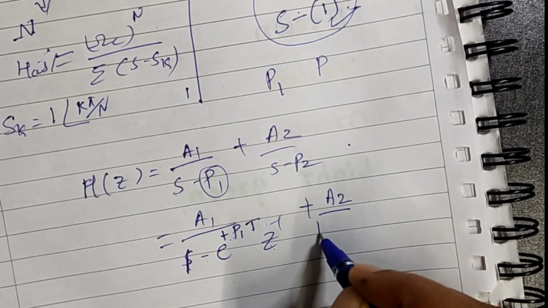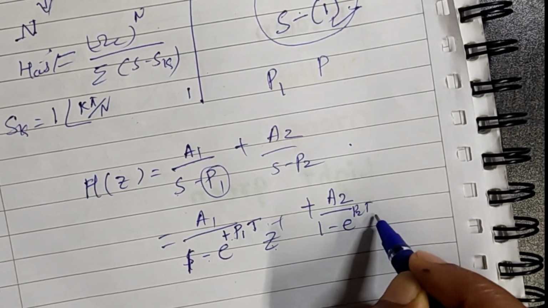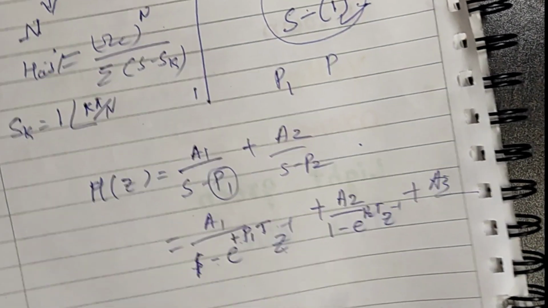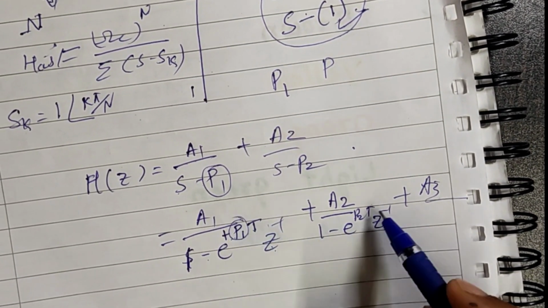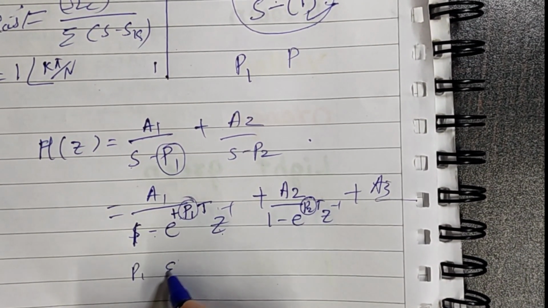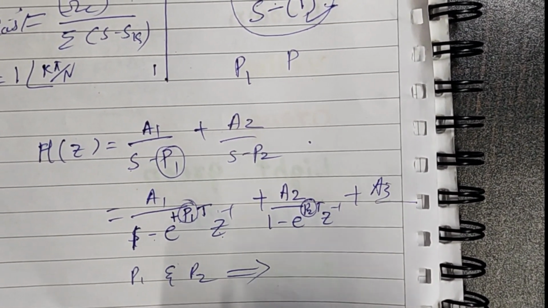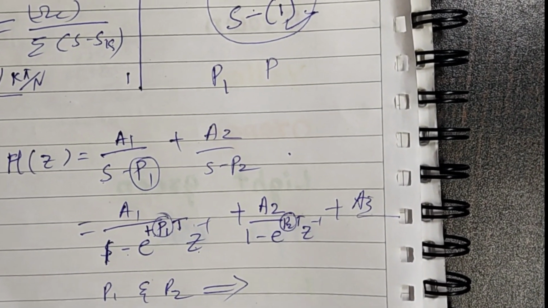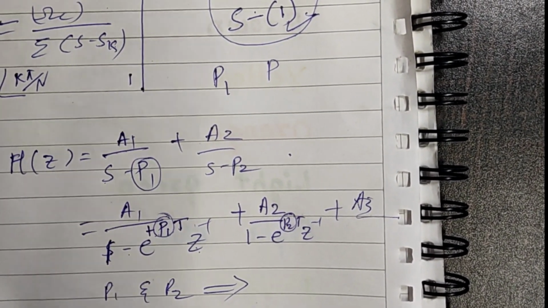Similarly, a2 divided by 1 minus e raised to p2 t into z raised to minus 1, and a3 divided by, and so on. So now the target is to calculate what p1 and p2 are. To calculate a1 and a2, we are going to use partial fractions to express it in the form of summations.